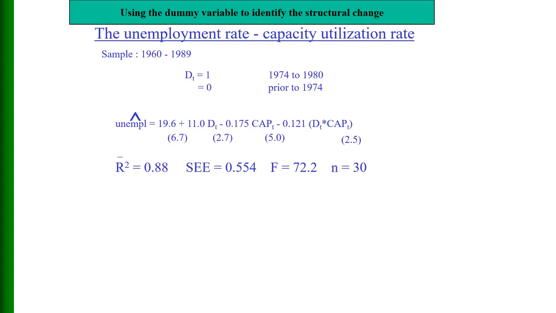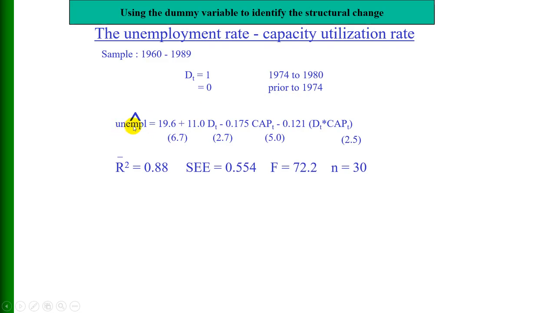Using the dummy variable to identify the structural change, the unemployment rate, capacity utilization rate. So one sample is from 1960 to 1989, and dt is equal to 1 for the period 1974 to 1980 and 0 for the period before 1974.